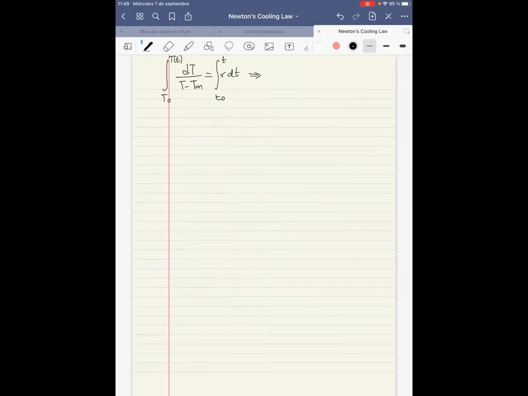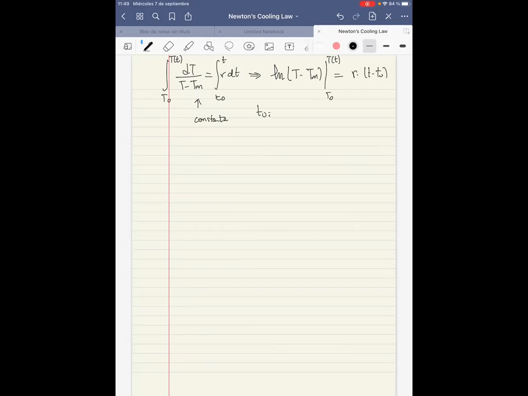I'll use the Neperian logarithm because this is a constant. So we have the derivative in the numerator. So basically, it's just the Neperian logarithm of T minus Tm, and the limits are T0 and T. And here on the right, we'll have R times T minus t0.